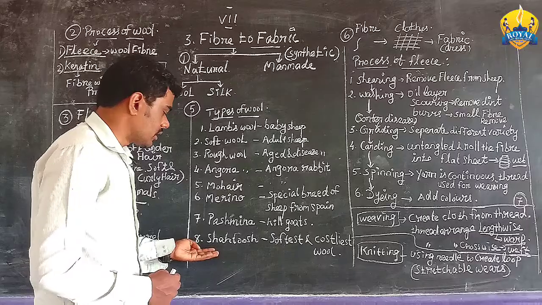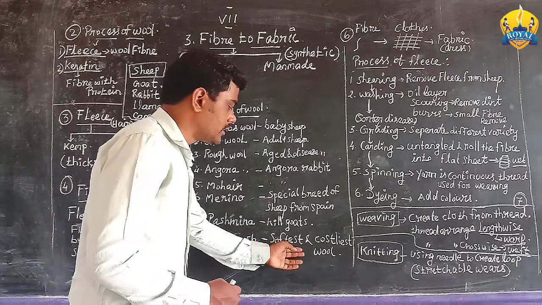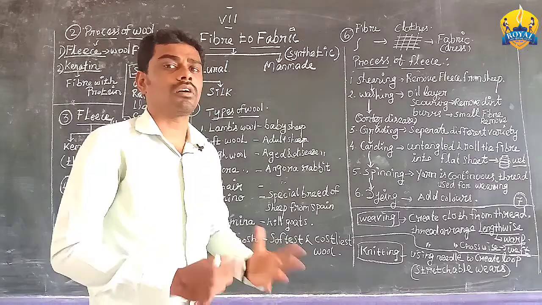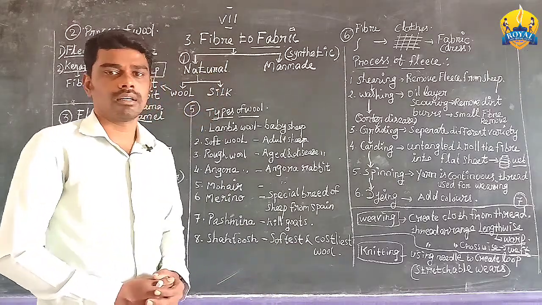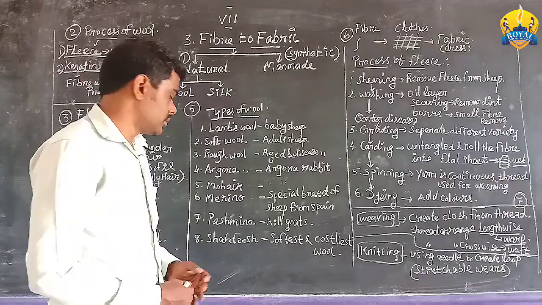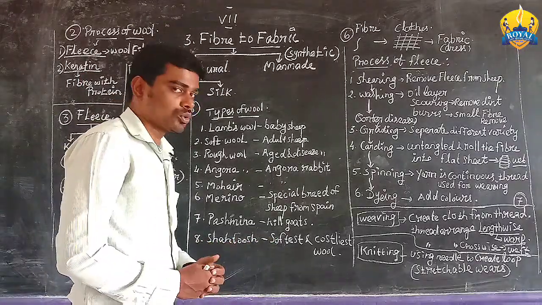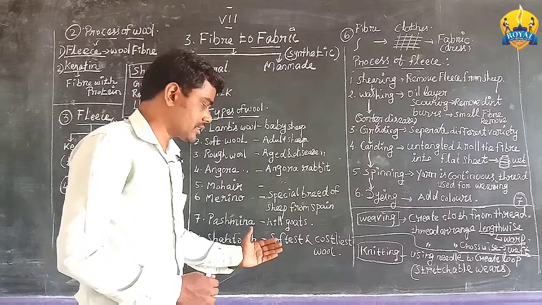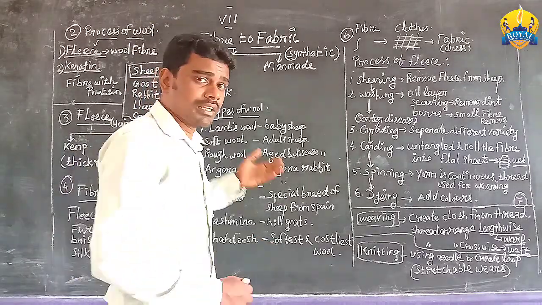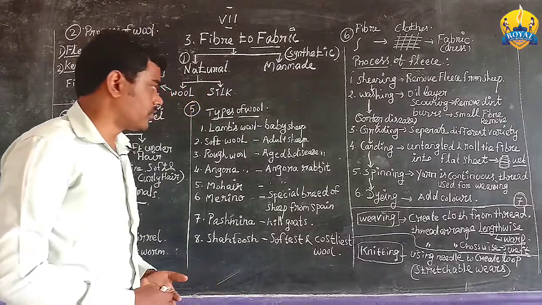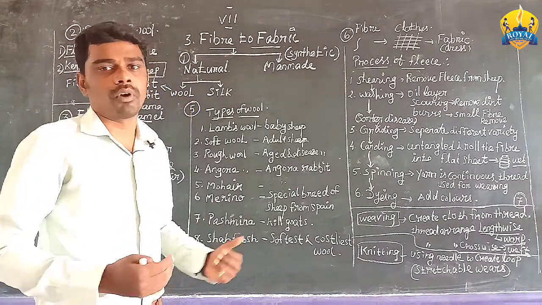And the next, Shahtoosh. Shahtoosh is the softest and costliest wool, very costly. Most sweaters and raincoats use this wool fiber, known as Shahtoosh, the softest wool. So these kinds of wool fibers are used in different byproducts.